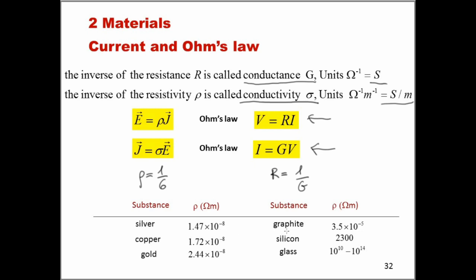On this other side, glass, as we know very well, is not a conductor but an insulator, and its resistivity is extremely high, 10 to the 14 ohm meters. Graphite and silicon are examples of materials that are somehow in between. They're not really conductors, but they're also not pure insulators.